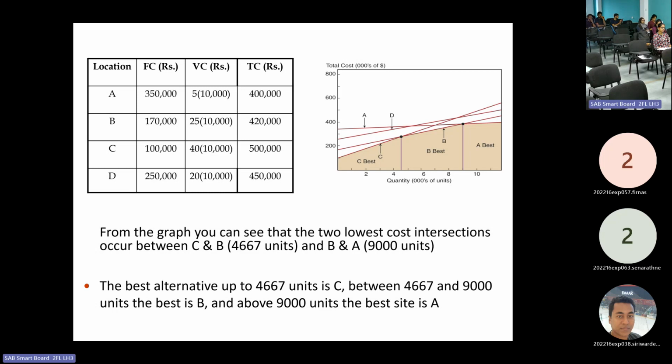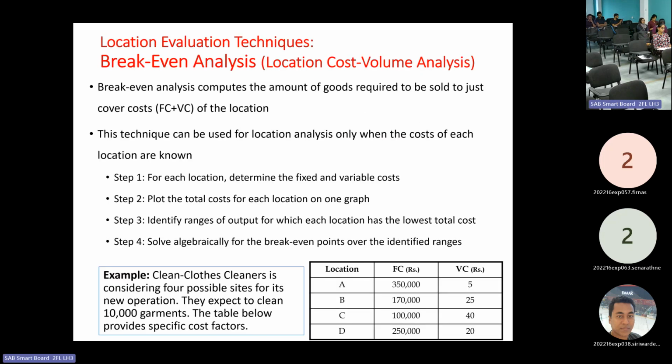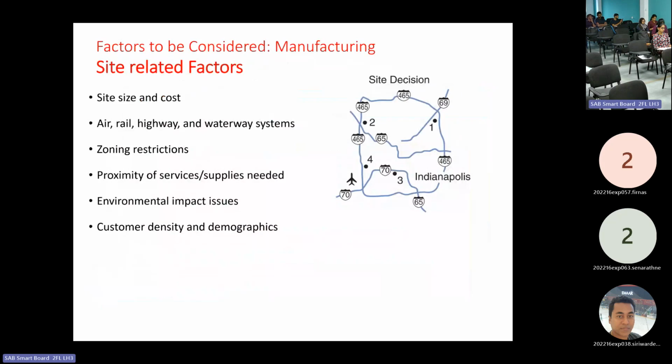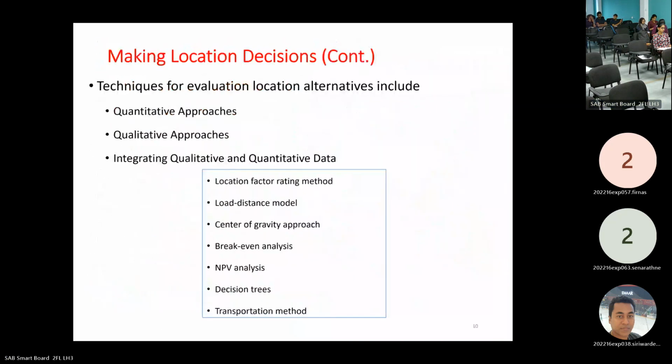In addition to that, there are other location selection techniques, especially transportation techniques and center of gravity methods and all. There are various different techniques. Here also I introduced you. These are the common techniques.